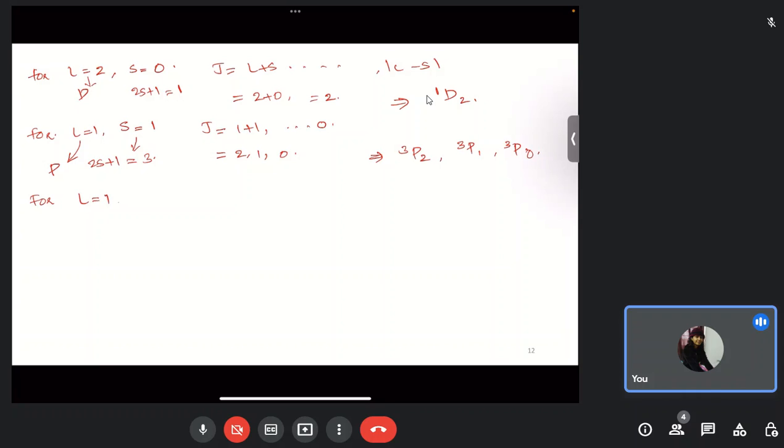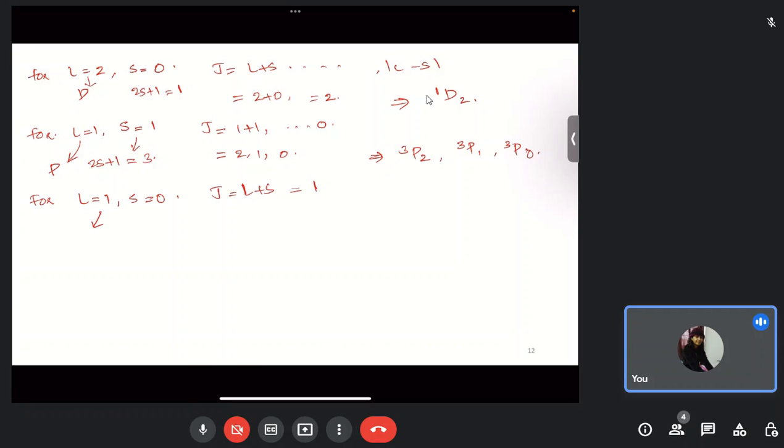For L is equal to 1 and S is equal to 0, we can only have one J value, which is 1, which is L plus S or L minus S. Both of them give rise to the same J value, 1.